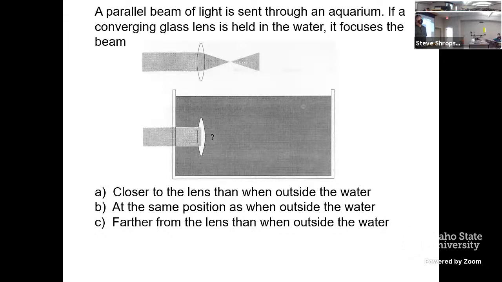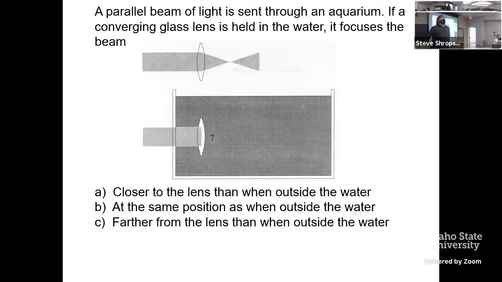Water does not refract light as much as glass does, but it sure as heck refracts light a whole lot more than air does. And since there's less of a difference in the speed of light and the index of refraction between glass and water, you're not going to get the light bending as much when light leaves glass and enters water, or leaves water and enters glass.